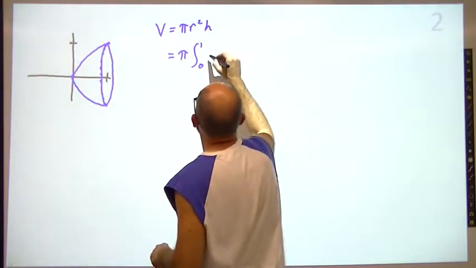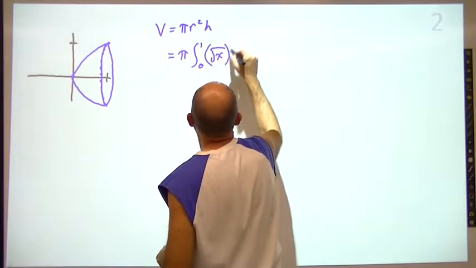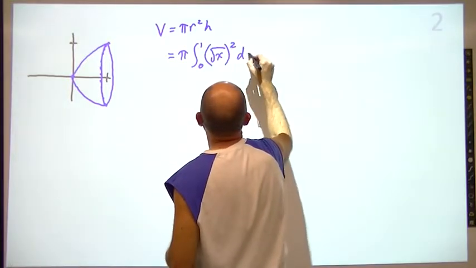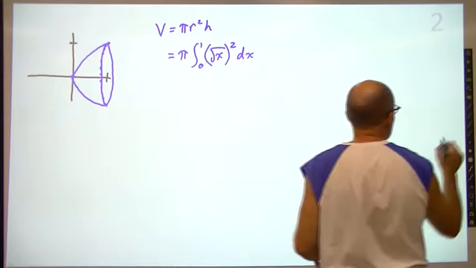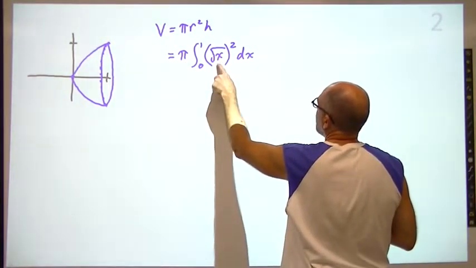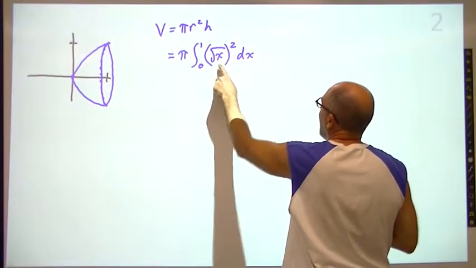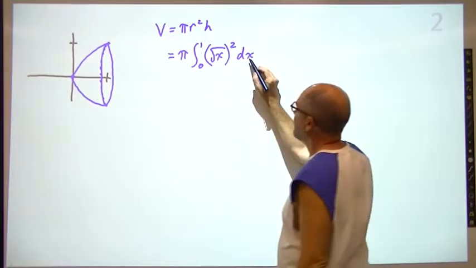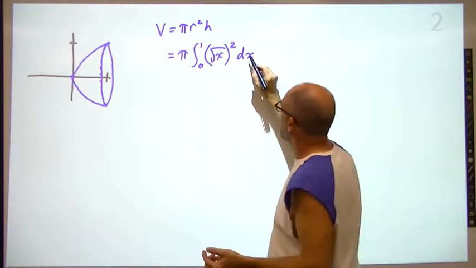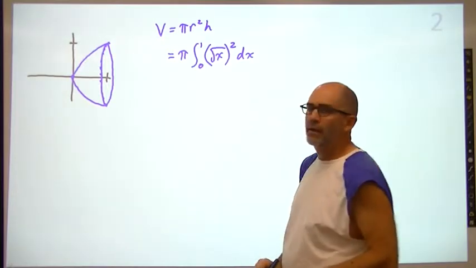So it's pi r squared h. See, we've got the pi r squared, the radius is the function, which is square root of x, and the thickness of each cylinder is going to be dx between 0 and 1.